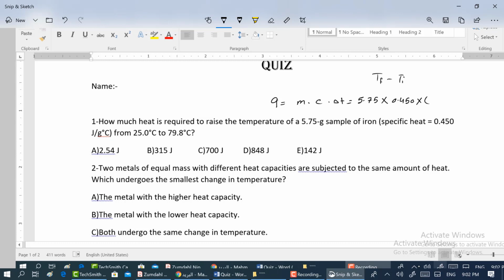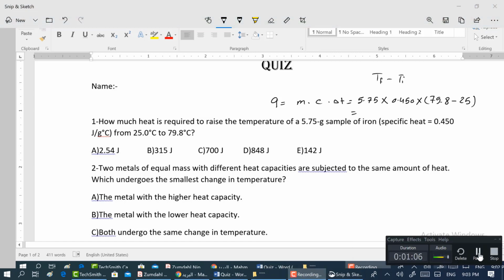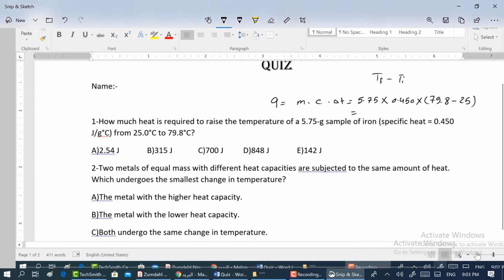T final is 79.8, subtracted the T initial 25, so the value it will be, check it on the calculator, it will be approximately 141.75 joule. It's equal 142 joule.